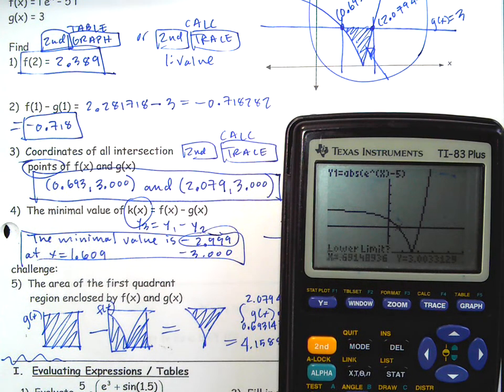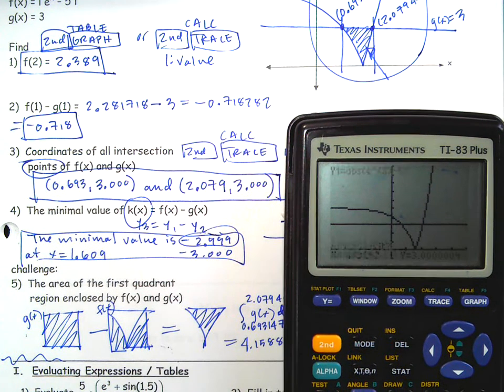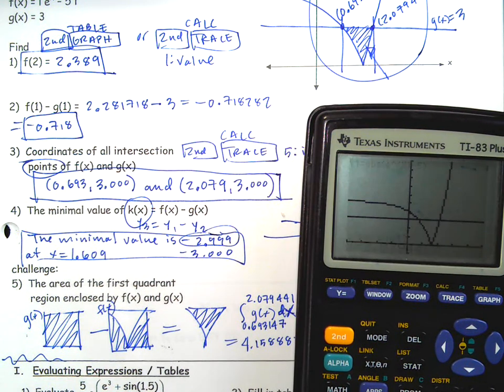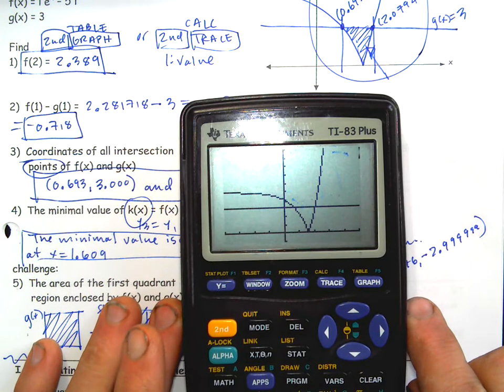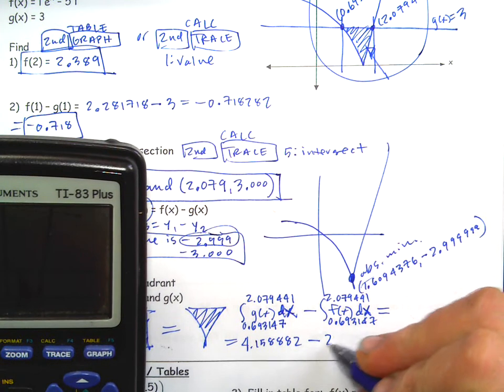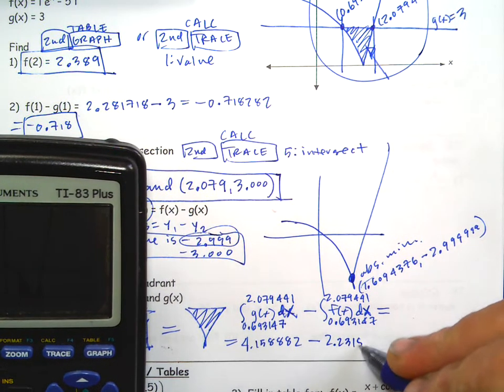I mean, that looks really close, but it's going to be off enough for me to tell. So 0.693147, and then 2.079441. And there you go. Looks good. So that's going to be 2.2318618.